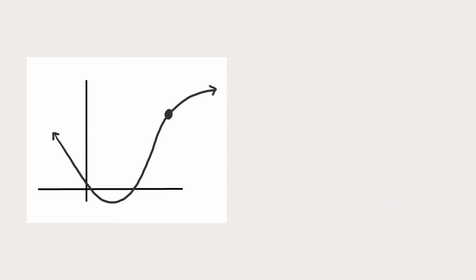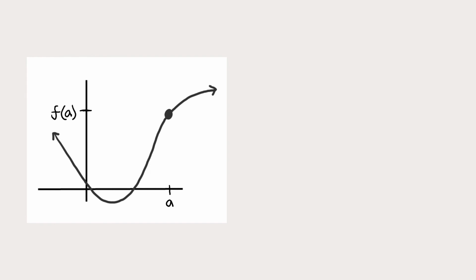Let's say that we want to find the instantaneous rate of change at this point here. Well, that would mean that we want to find the slope of the tangent line through that point. So let's say that the input at this point, which is usually an x value, is a, and that the output at this point, well, that would be f of a.